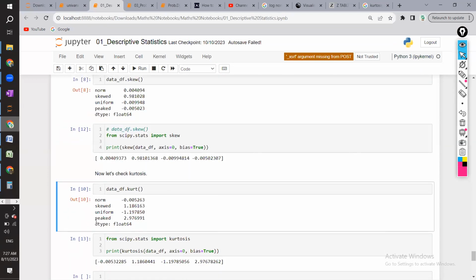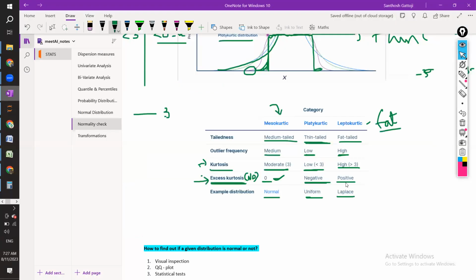And coming to the peaked distribution, it is positive 2. That means it will have some fat tails, or tails longer than the medium. Medium in the sense of the normal distribution.